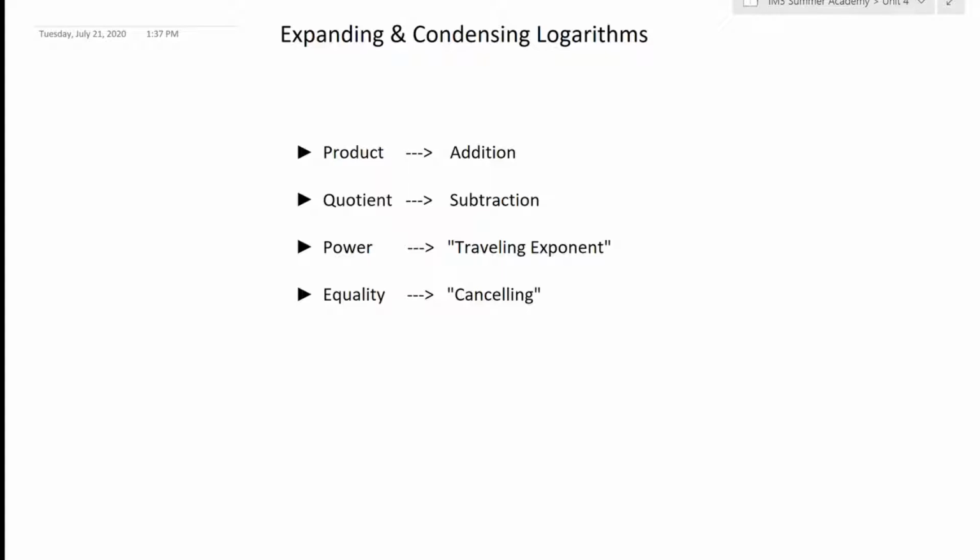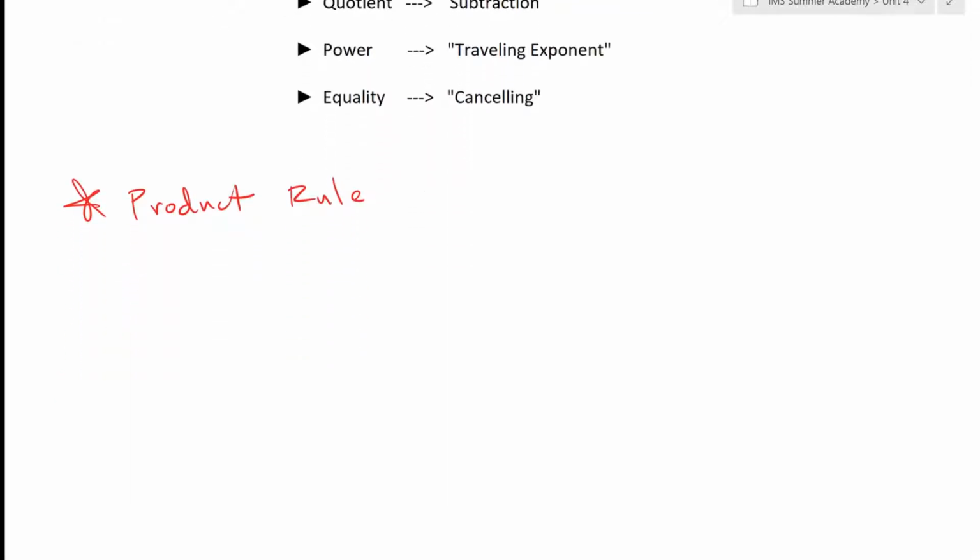So the first rule we're going to focus on is the product rule. That is when we see multiplication. So multiplication is going to become addition. So they're going to give us log base 3 of 9x.